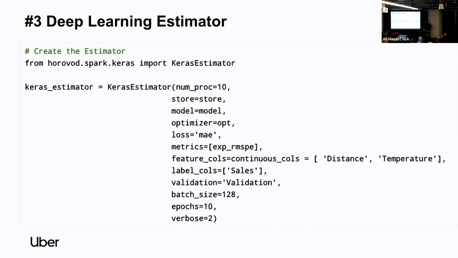So I did not have to do any data handling, if you notice, right? I did not have to define how to read the data, or I did not have to adjust learning rate. I did not have to really write any Horovod code except Keras estimator, right? And I have my estimator.